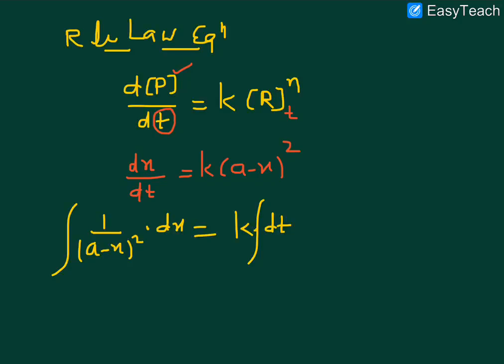The integration of 1 upon (a minus x) squared is equal to 1 upon a minus x, and because k is a constant quantity, k remains here as such, and the integration of dt is equal to t. So we can say another integration constant will be present here, so the equation is 1 upon a minus x is equal to kt plus c. Okay, there is no problem.